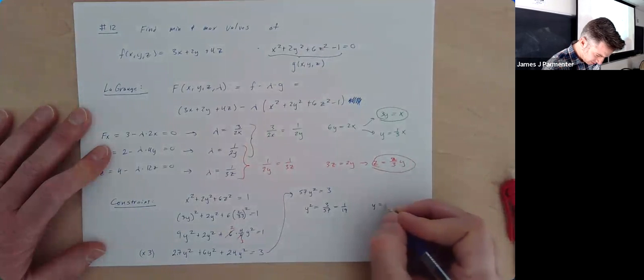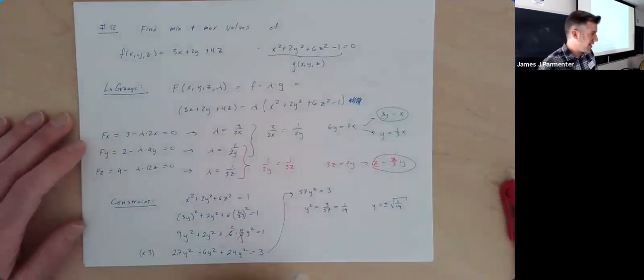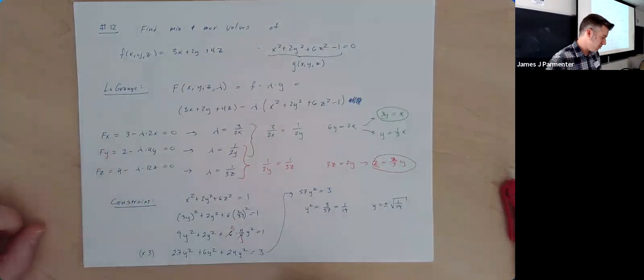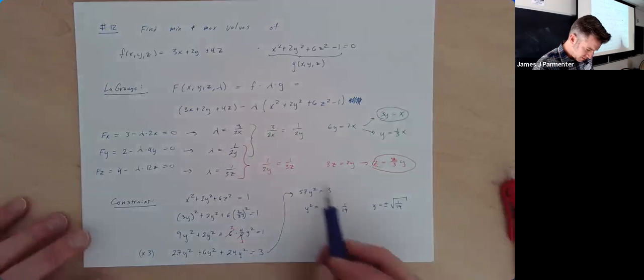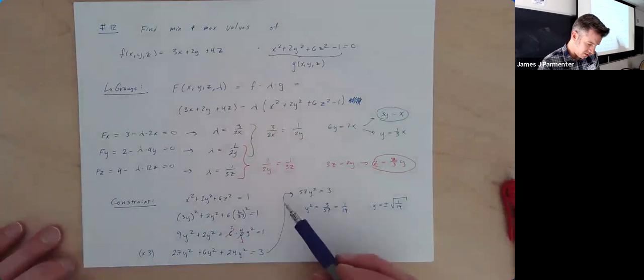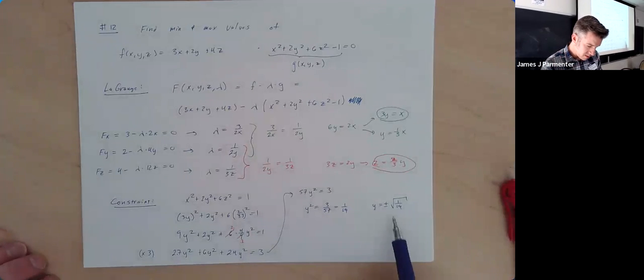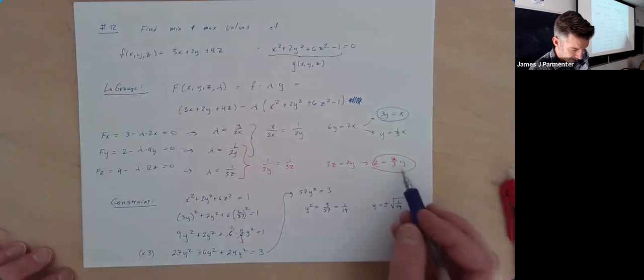So y is going to be plus or minus the square root of 1 over 19. That turned out to be less nice than I was hoping for, but probably right, assuming I didn't do something stupid. No, that looks totally fine. I just often expect the numbers to be a little nicer, but there's no really good reason for that. Okay, so then we're going to find the corresponding y and x and z values.